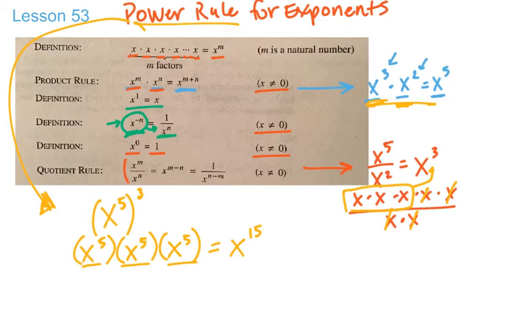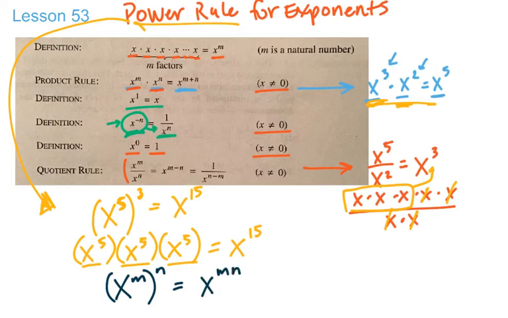If you look at the relationship of that 5 to the 3, if you multiply 5 times 3, you get x to the 15th power. So that's what the power rule is. The power rule says x to the m power raised to another n power will equal x to the m times n.